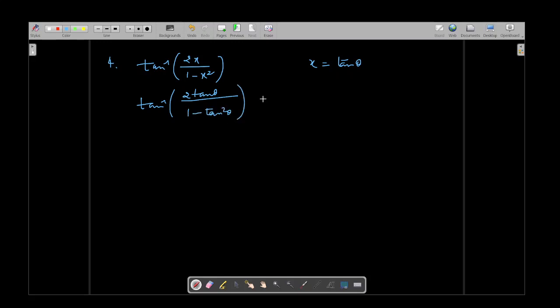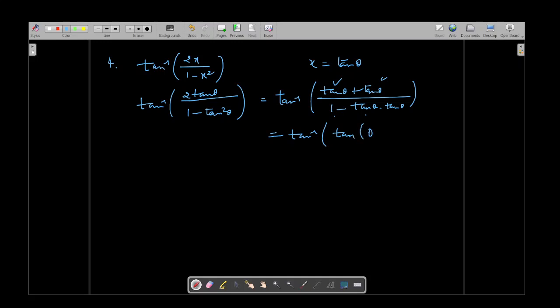So this I can write as tan inverse of tan theta plus tan theta divided by 1 minus tan theta into tan theta. So this is tan inverse of, tan a plus tan b divided by 1 minus tan a tan b is tan of a plus b. So tan of theta plus theta.